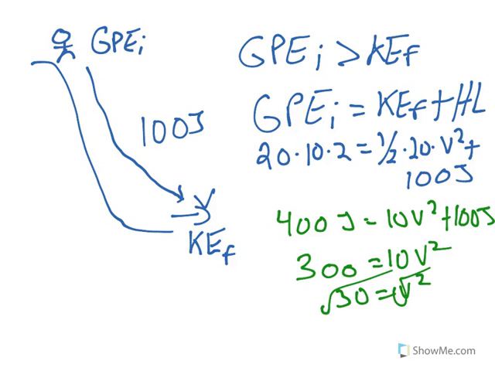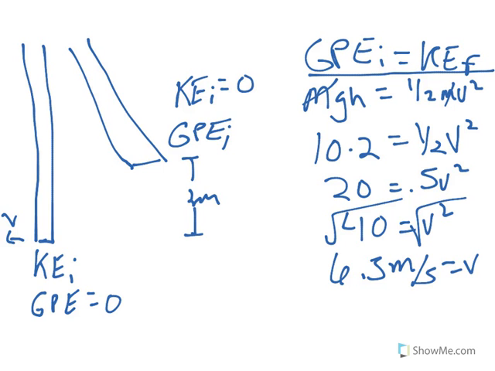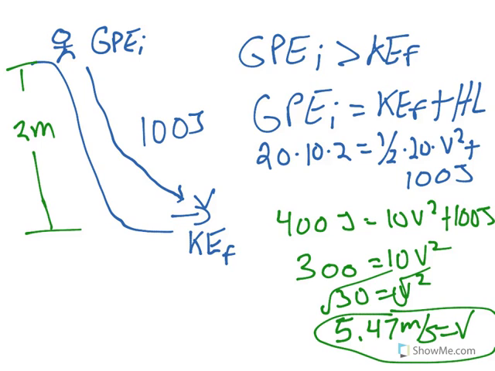And we should end up getting 5.47 meters per second is equal to the velocity of our girl. Now you'll notice, despite the fact that they went from the same point, both of them were at 2 meters up, this girl went slower than this girl. And that's because this girl in this problem had 100 joules of heat lost. Okay? So that's number 2.